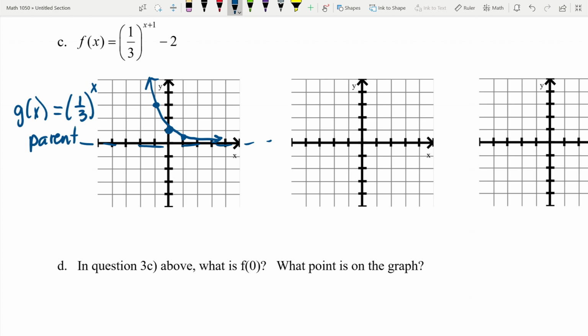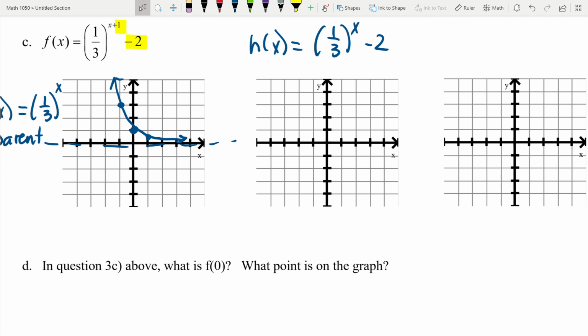Okay? Does the order matter of these transformations, the -3 and the +1? No, but I do have a preference because I have a lot of students. So everybody write h of x equals, in parentheses, 1/3 to the x minus 2. When I graph, I always draw the asymptote first. See that asymptote?